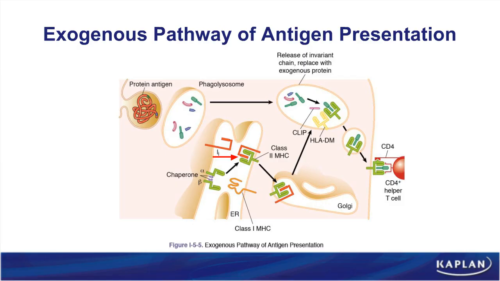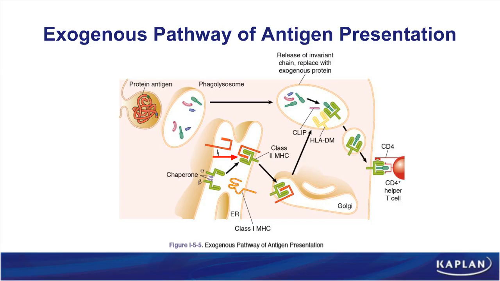Therefore, when endogenous peptides get into the endoplasmic reticulum, in the case of perhaps a viral infection, they get sorted properly and essentially shuttled into the class 1 molecule, because while the class 2 MHC is in the ER, it actually is not able to bind peptides. So that's sort of an important point. Okay?